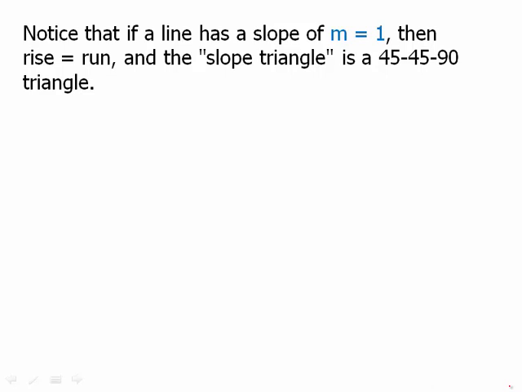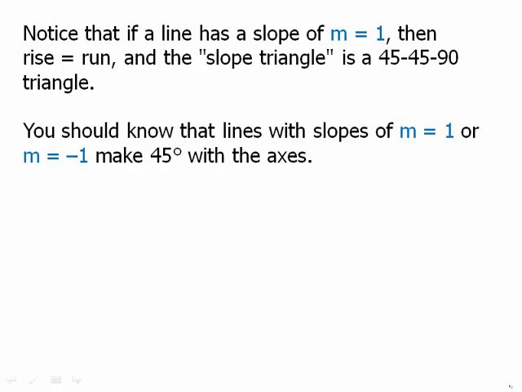Notice that if a line has a slope of 1, then rise equals run, and the slope triangle is a 45, 45, 90 triangle. That's a really big idea. You should know that lines with slopes of 1 or -1 make 45-degree angles with each one of the axes.